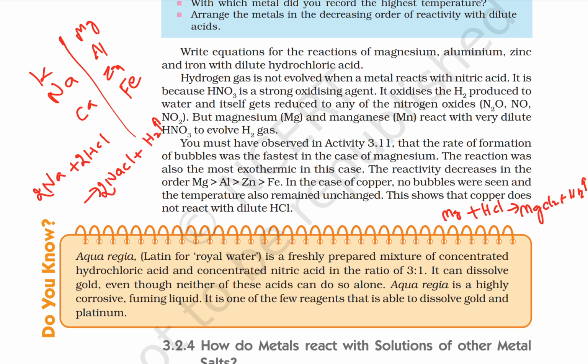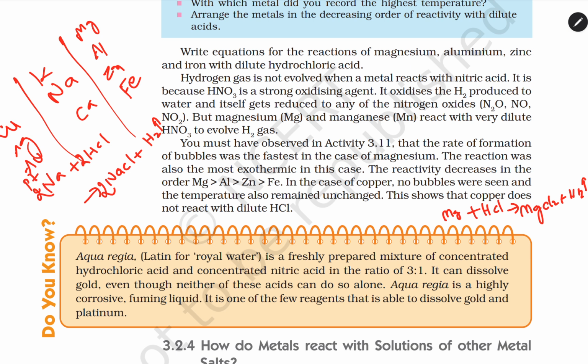Coming to iron, when reacting with HCl, it is going to form ferric chloride and hydrogen gas will be released. Compared to magnesium and zinc, the iron reaction is slower. And the least reactive metals, similar to the previous activities, are copper, silver, gold and platinum.